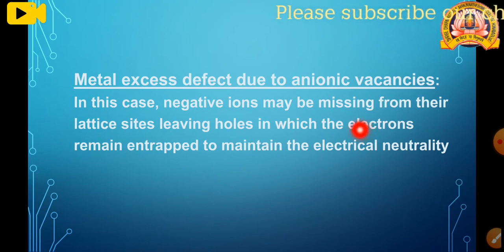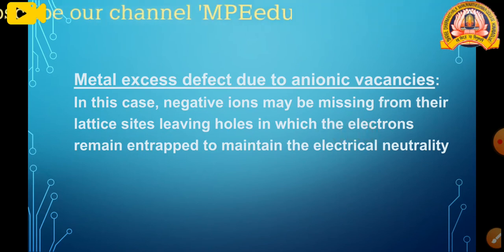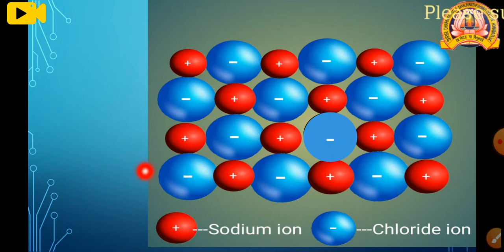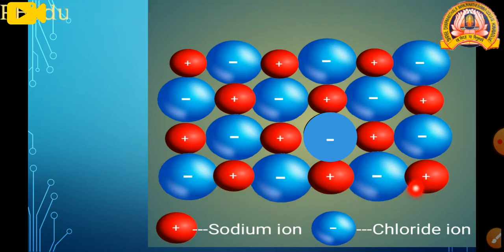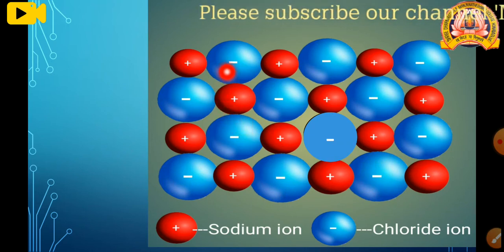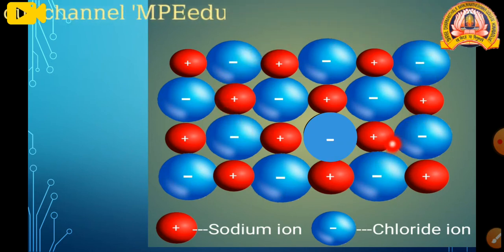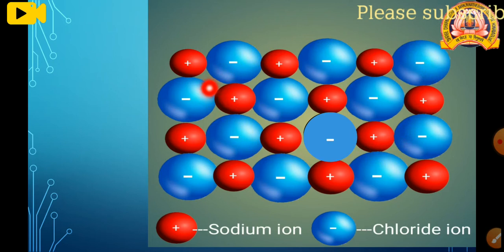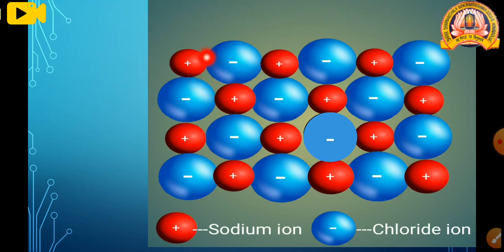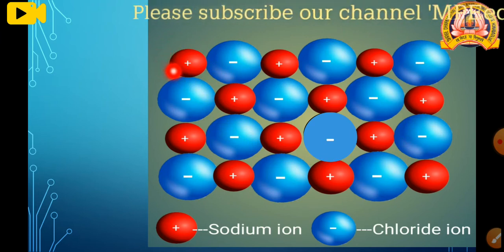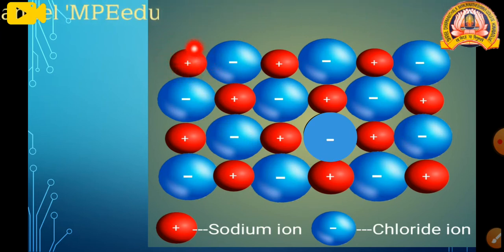Not only once, you can read it 1,000 times and not understand it clearly. Whenever we observe the formation of the metal excess defect in animation, then only do we clearly understand the concept. In the next slide we can see the animation of the metal excess defect.